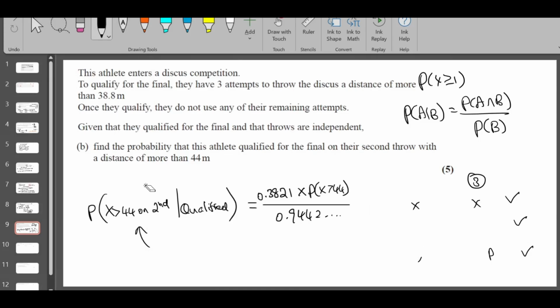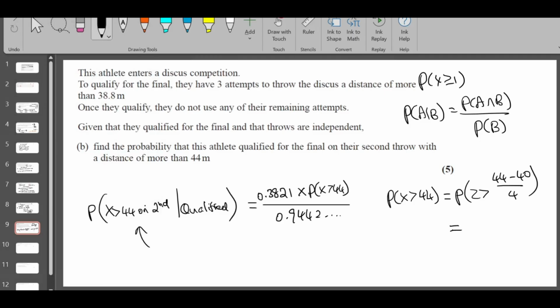0.9442 etc. We need to calculate this actually. To calculate this, first we need to find P of X greater than 44. P of X greater than 44 is, use the standardization, Z greater than 44 minus mu over sigma. So when you calculate this, 44 minus 40 is 4, over 4. P of Z greater than 1, which is same as 1 minus P of Z less than 1.